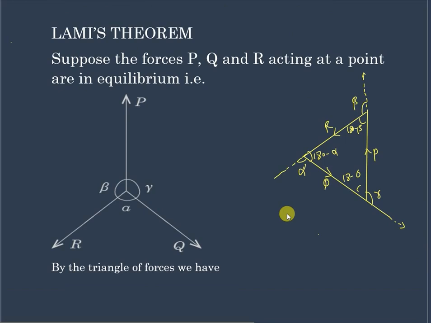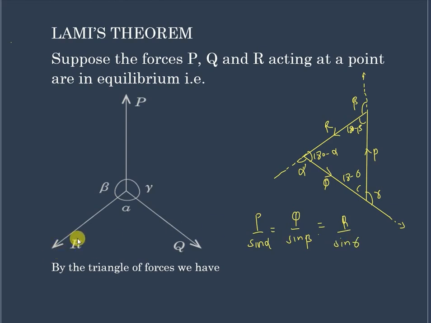And the implication is that, remember, P divided by sine of alpha is equal to Q over sine of beta, equal to R over sine of gamma.